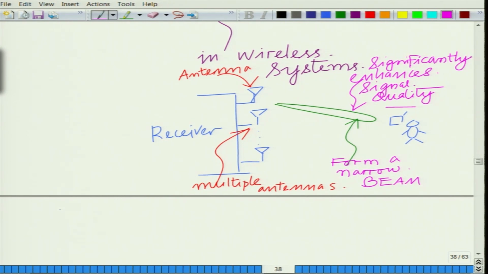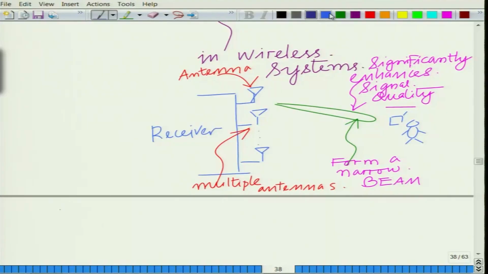So much so that if you have L antennas, you can show that the signal to noise power ratio, that is the signal quality, can increase by a factor of L, which means your signal reception is going to be much better when you have multiple antennas, and you can do the optimal beam forming with these multiple antennas.